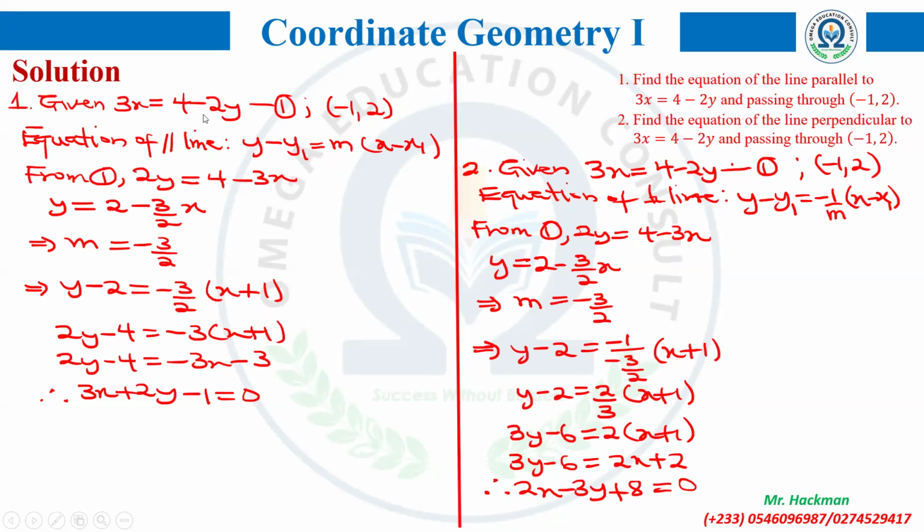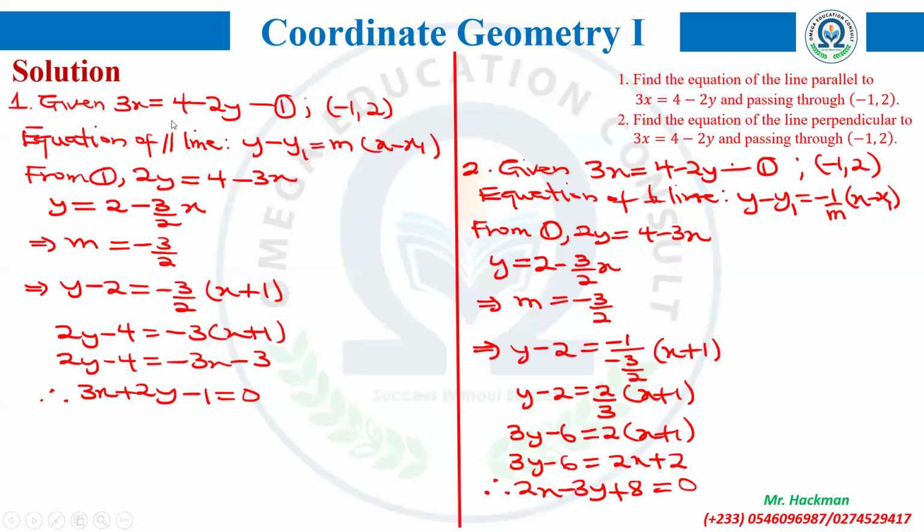In order to find the gradient, and some of you, this is what you do. Remember we said, don't just extract the coefficient of x as the gradient. The very first step is to make y the subject, or write your equation in the form y = mx + c, the gradient-intercept form.